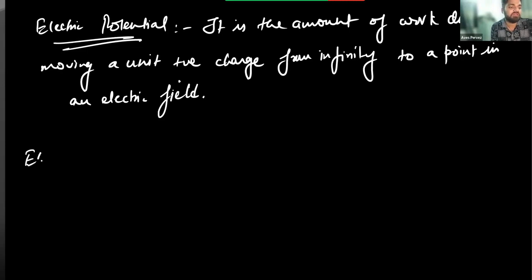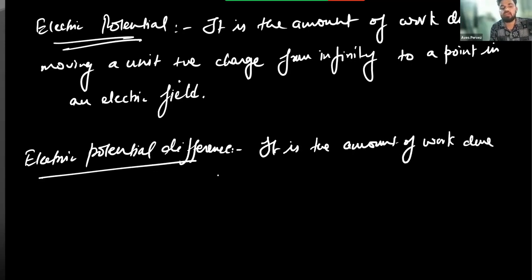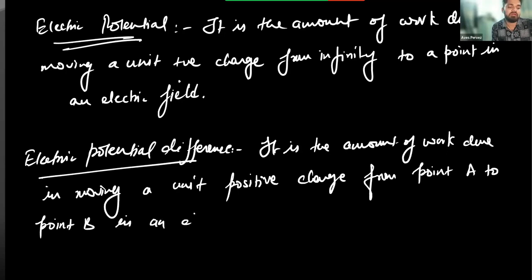And what is electric potential difference? Both are going to have a definition. So what is electric potential difference? It is the amount of work done in moving a unit positive charge from point A to point B in an electric field.